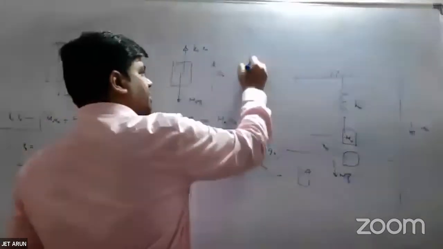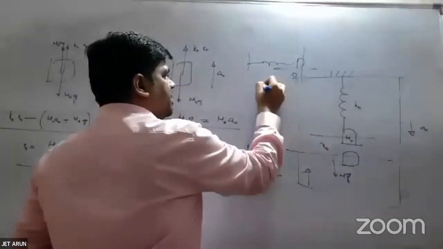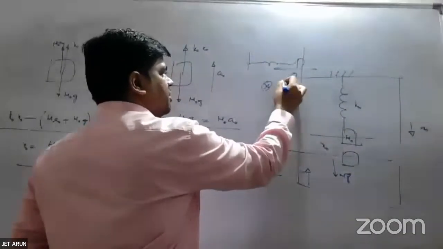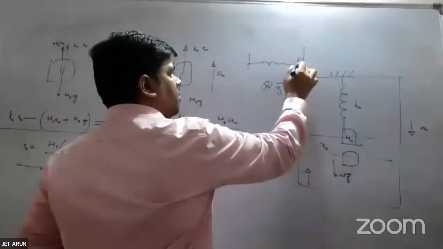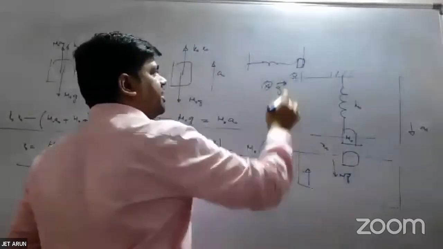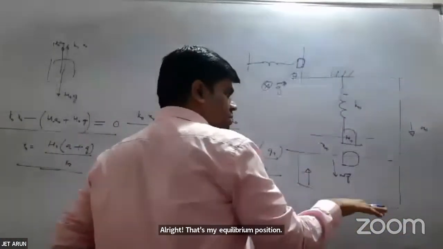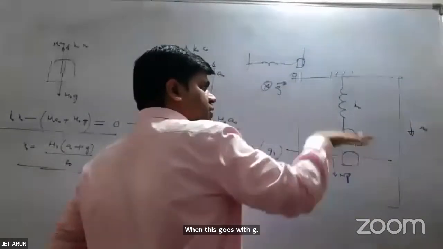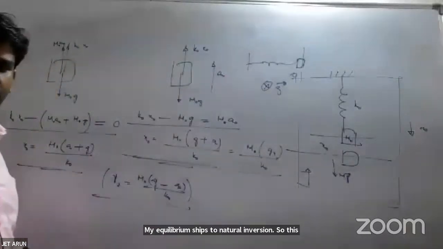On a horizontal plane, the natural length position is the equilibrium position. When this goes with G, my equilibrium position shifts to the natural length position. So this problem is the same as the horizontal plane, because G minus A is zero.